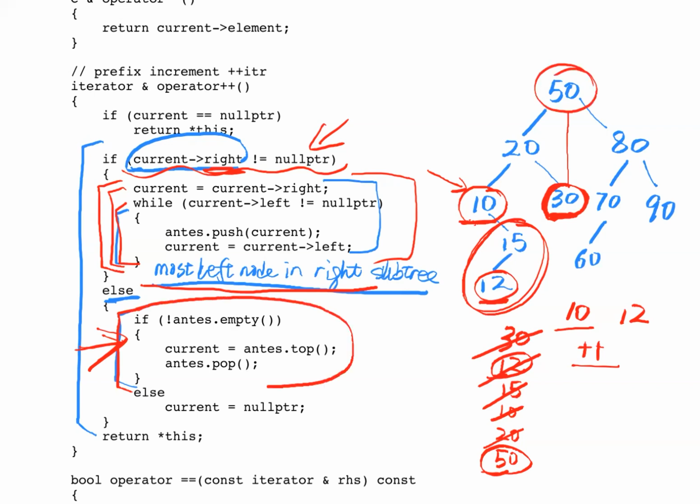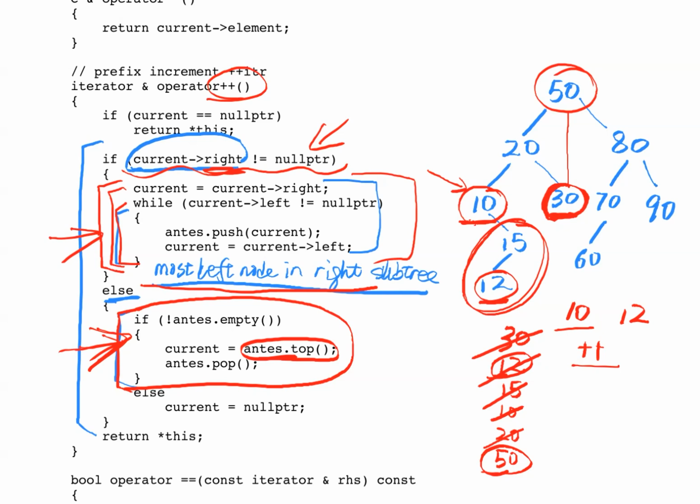If the current node's right subtree is empty, the next node is the top element in the stack. Okay, this is the if else. This is the increment operator.